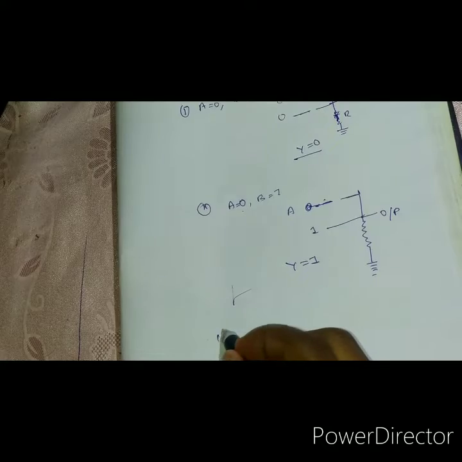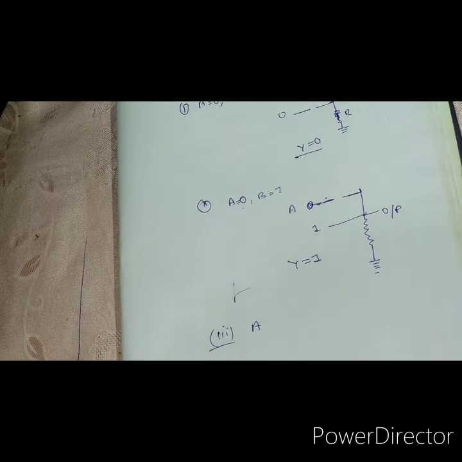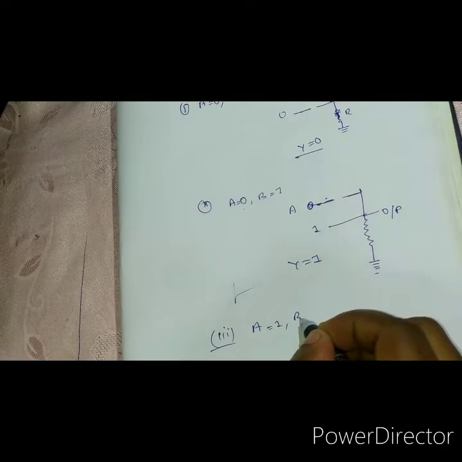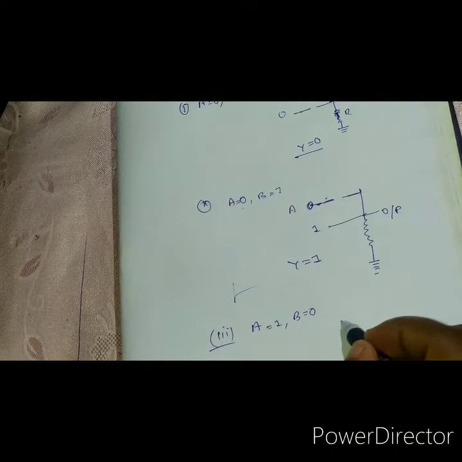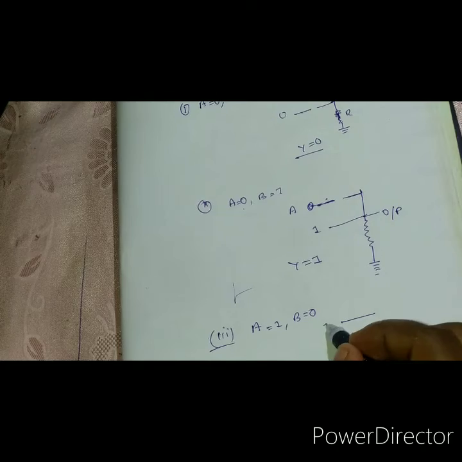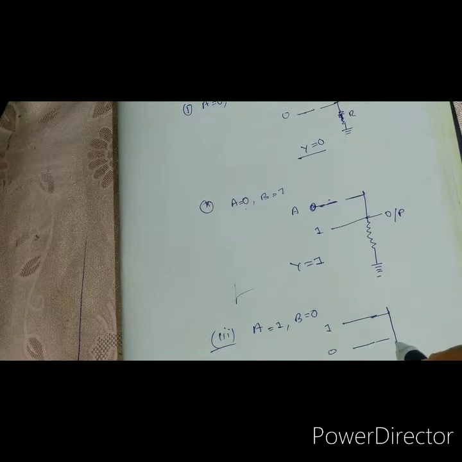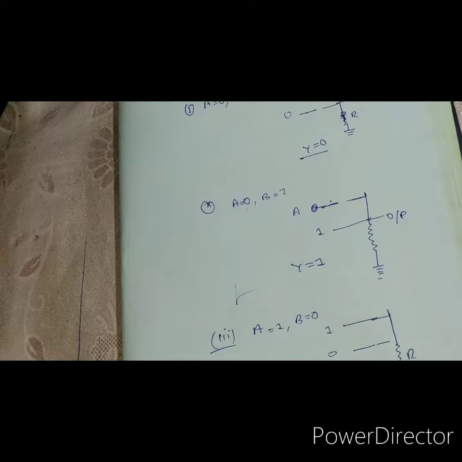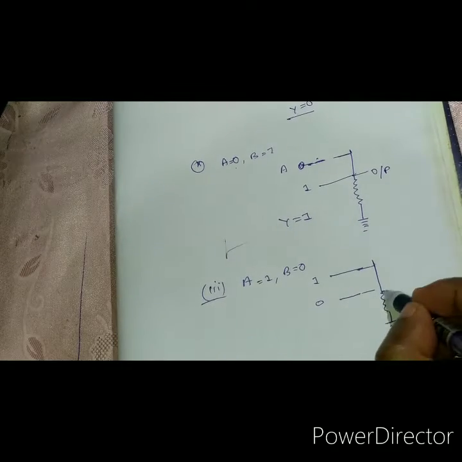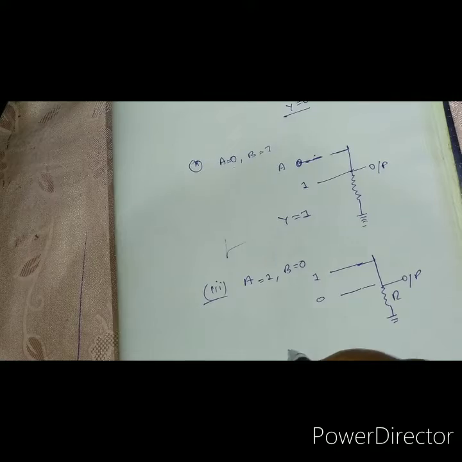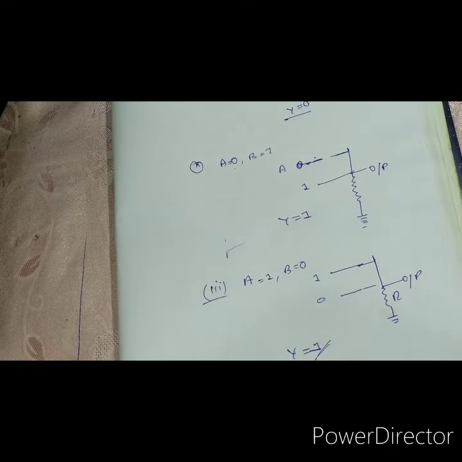Again for number 3, A is 1 and B is 0, then through the resistor, which is grounded, this is the open output, so Y is equal to 1.